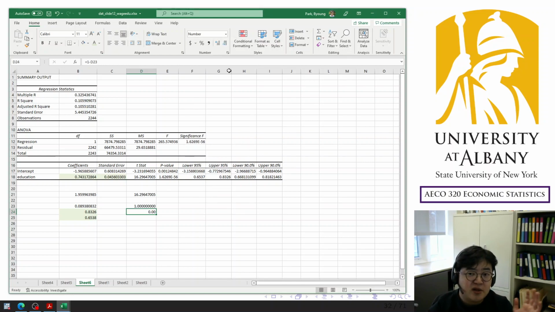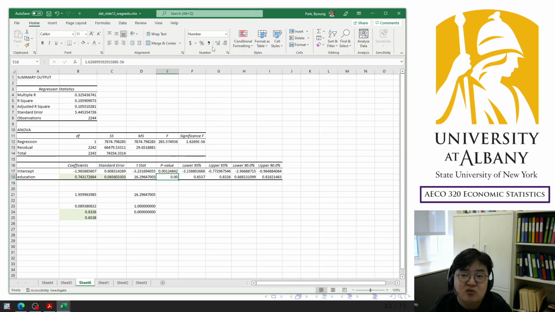In the standard normal distribution scale, 16 is a huge number. Approximately plus or minus 4 is already 99.999%. So 16 is huge, so the p-value is 0.